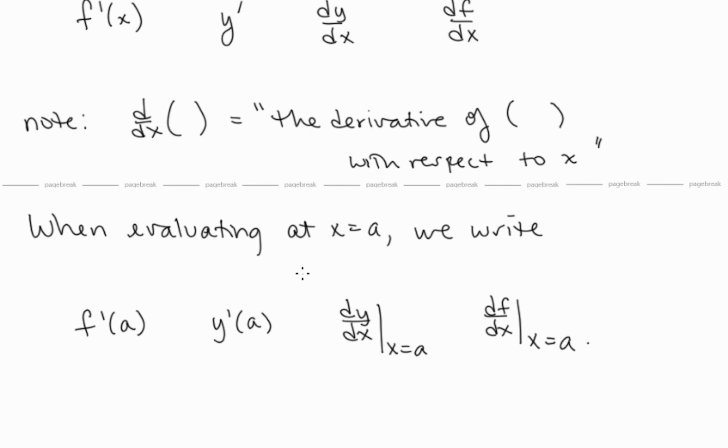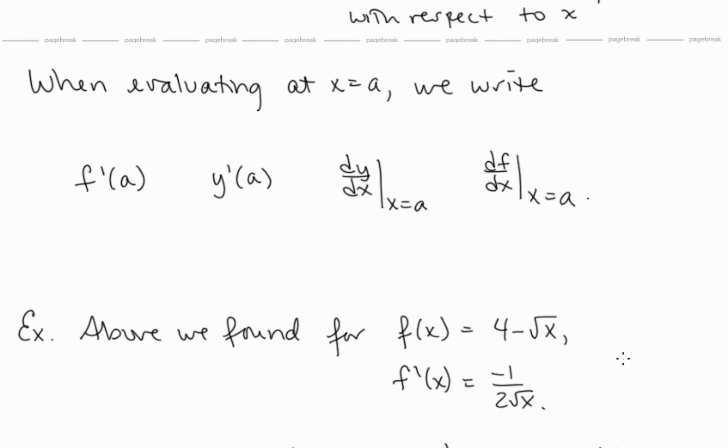When evaluating at a particular point x equals a, we've seen so far that looks like f prime of a. We could also write that as y prime of a, or use an evaluation bar for these two notations. So this is saying this is dy dx evaluated at x equals a, or df dx evaluated at x equals a.